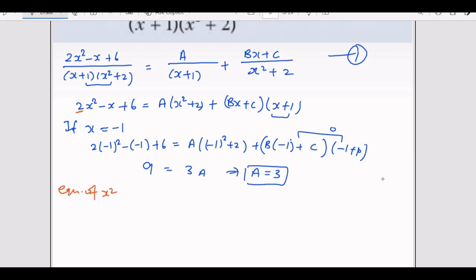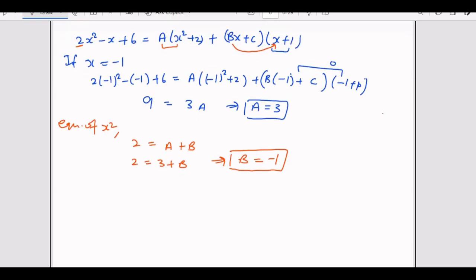The x squared coefficient on the left hand side is 2, and on the right hand side, this is going to be a x squared, and then we have bx times x, it is going to be b, so a plus b, right? Now a is 3, so we can find b. So b becomes 2 minus 3, which is negative 1. So b is negative 1, right? Now we got a and b.